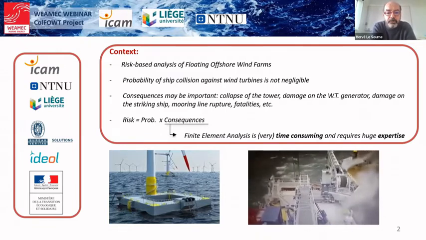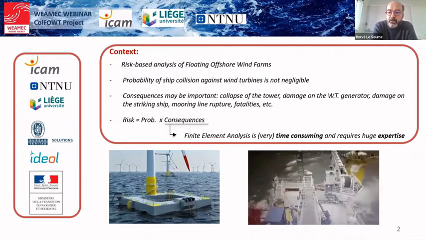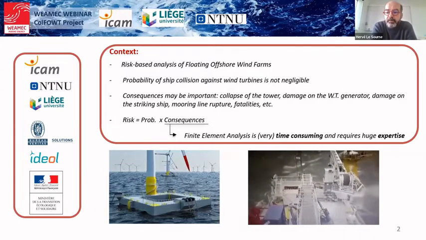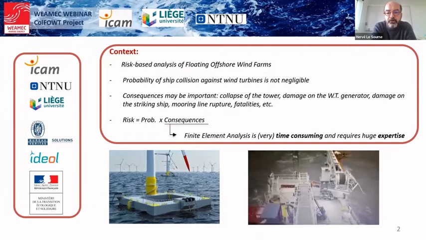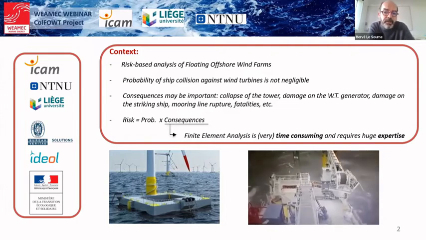For example, one consequence could be the collapse of the wind turbine tower falling on the ship weather deck, or damage on the wind turbine generator due to high accelerations of the nacelle, or rupture of the mooring lines, and in the worst case, loss of human life.